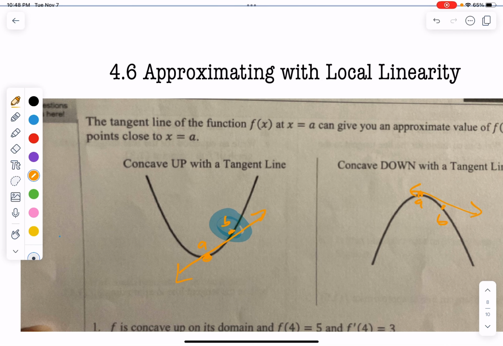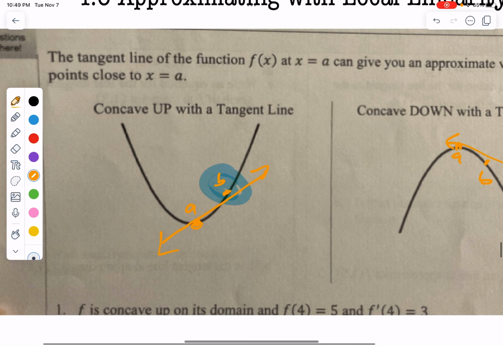I'm drawing this out for you because there's another thing you have to understand with concavities. For it to be concave up, y double prime, the second derivative, must be greater than 0, and for concave down, y double prime must be less than 0.